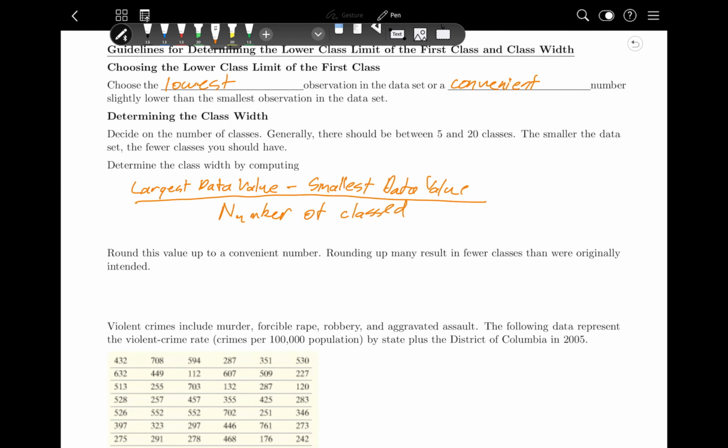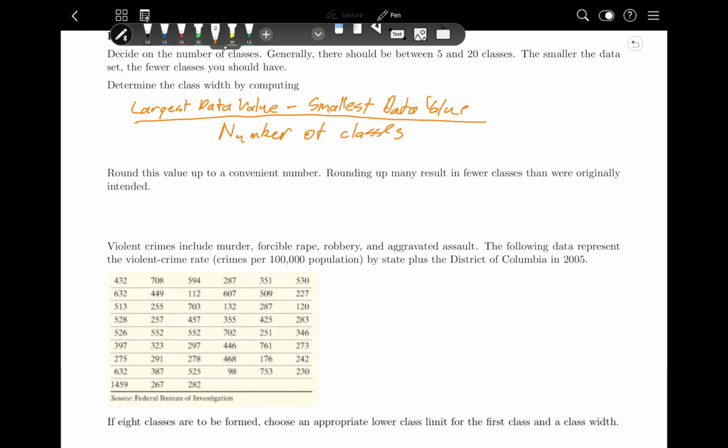And then you're going to round that up to a convenient number. Rounding up may result in fewer classes than were originally intended. So you don't necessarily have to use the number you get here. You probably want to round.